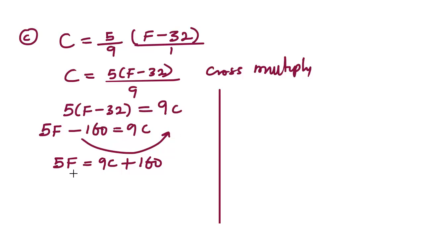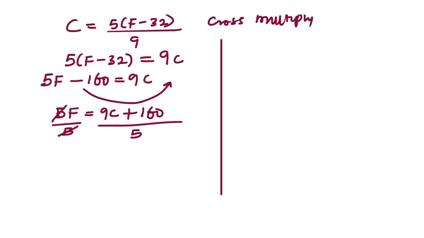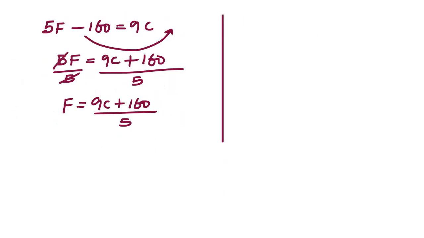To get F, we divide both sides by the coefficient of F, which is 5. So 5 cancels 5. At the end of it, F is equal to 9C plus 160 over 5. This is not a simplified form, so we can still say that F is equal to 9C over 5 plus 160 over 5.